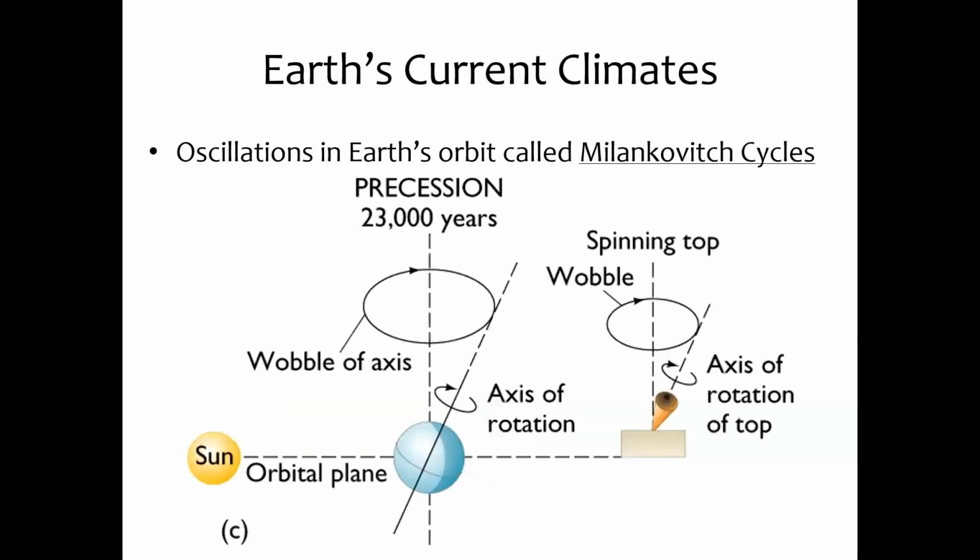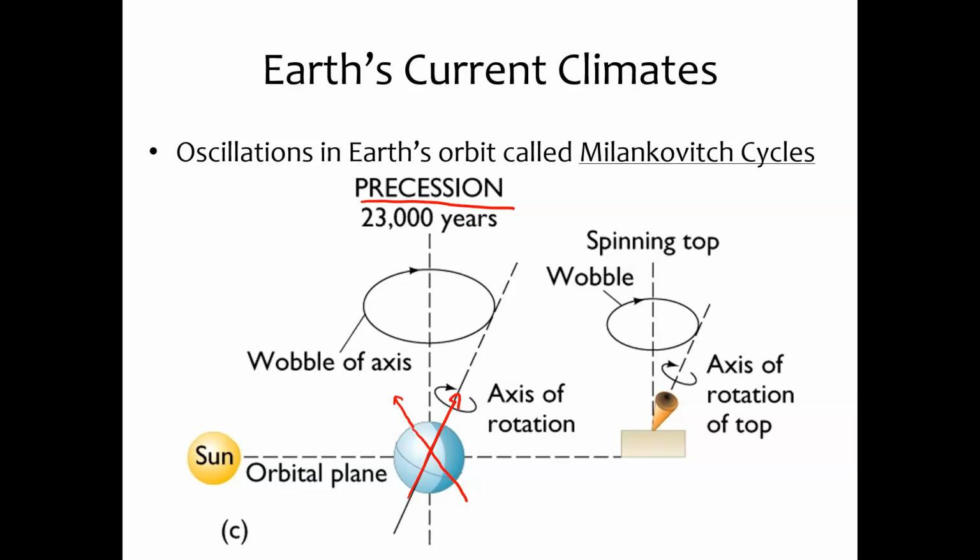The last one is going to be precession of Earth's axis, which is sort of how it wobbles over time. So, right now its axis might be pointing this way, but over time it might be changing to point this way at this point in Earth's orbit.